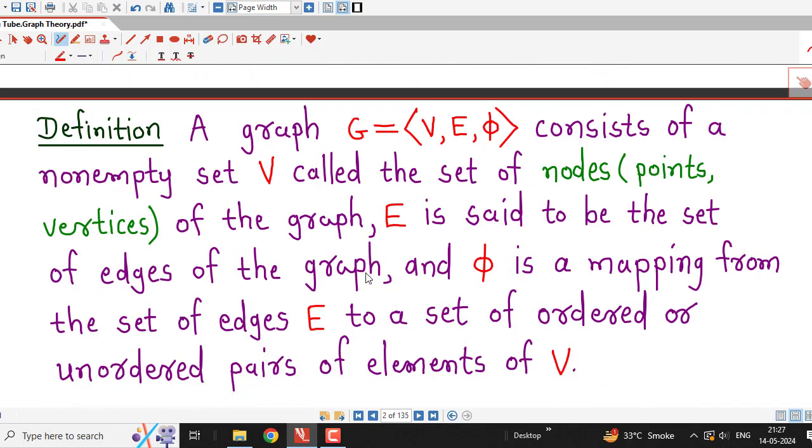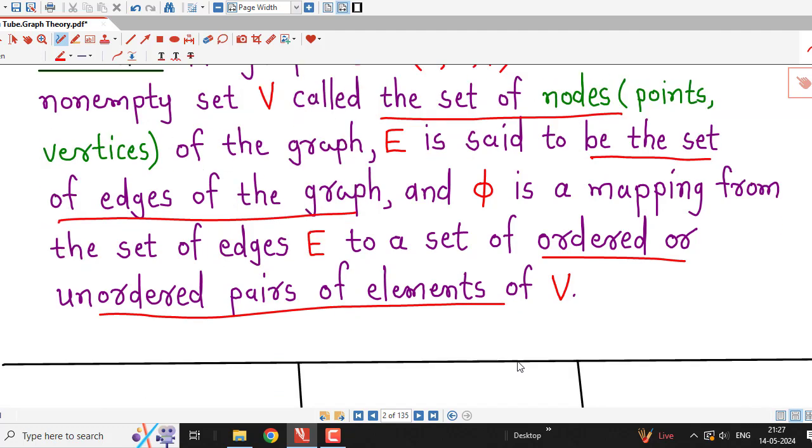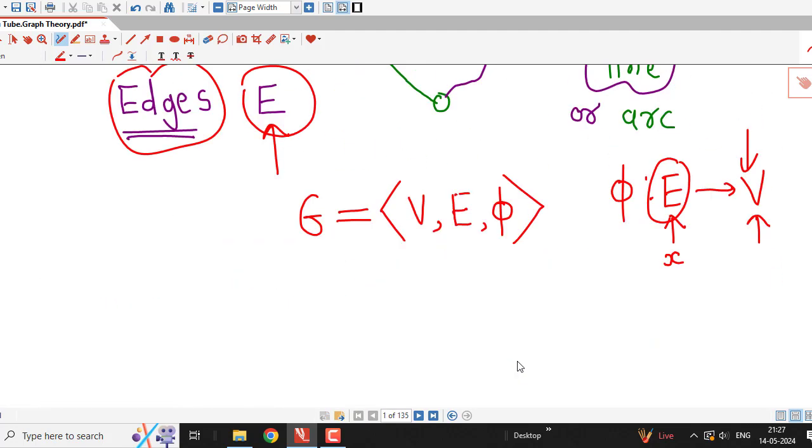They ask the definition also. A graph G = (V, E) with function phi consists of a non-empty set V, which we call the set of nodes or points of the graph, and this capital E is said to be the set of edges of the graph, and phi is a mapping from the set of edges E to a set of ordered or unordered pairs of elements of V. That means phi is not a function from E to V, but phi is a function from the set of edges to the Cartesian product of V with itself.